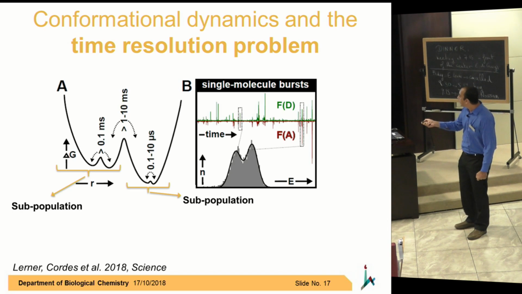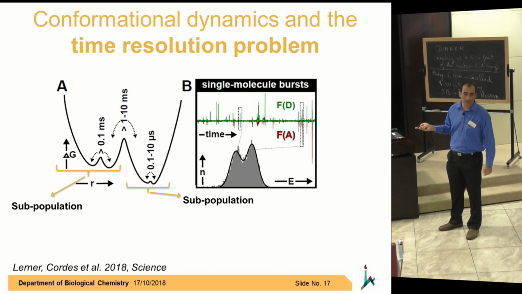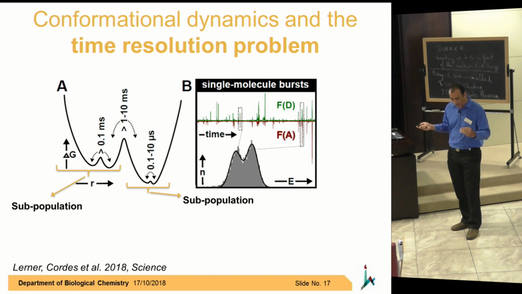So in principle, you might have those 2 states bunched into very fast interconverting states that look as if there is just one subpopulation, right, if you rely not too much on photon statistics, but just on building these FRET histograms. So that's not too good.